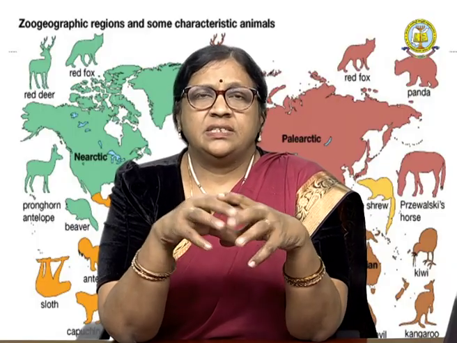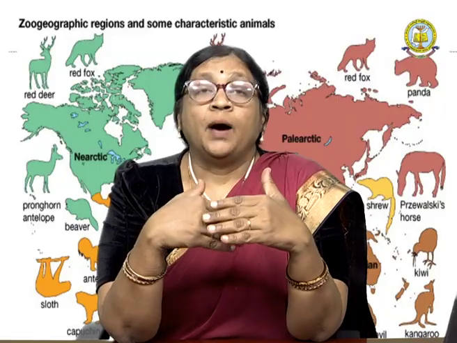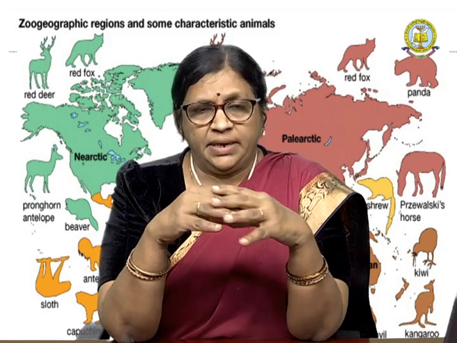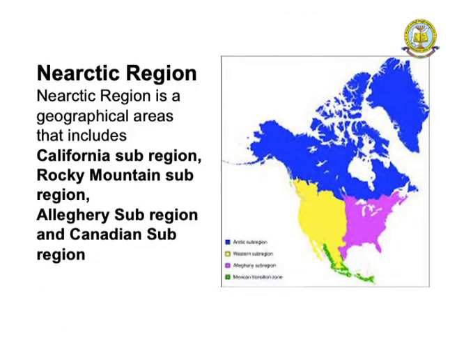As we can see, these regions are above the tropical region, and many areas have a cool climatic condition. The Nearctic region also comprises the Canadian region, Rocky Mountain, Allegheny and Californian region.